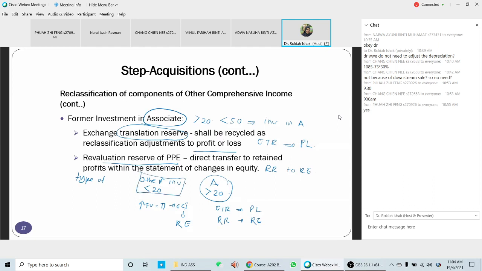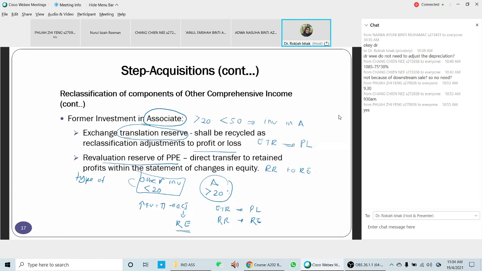So the treatment of where we're going to transfer the gains, either to retained earnings or to the P&L, profit or loss, depends on the type of your previous investment. If your investment is less than 20%, which is considered other investment, changes in the value are going to be transferred from other comprehensive income to retained earnings.